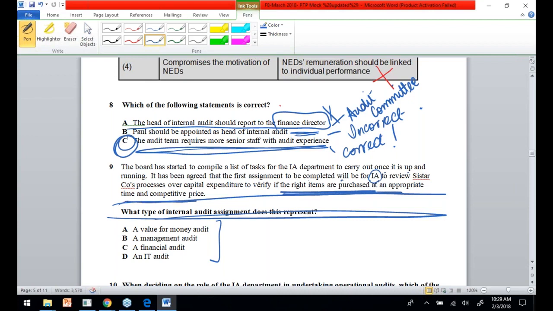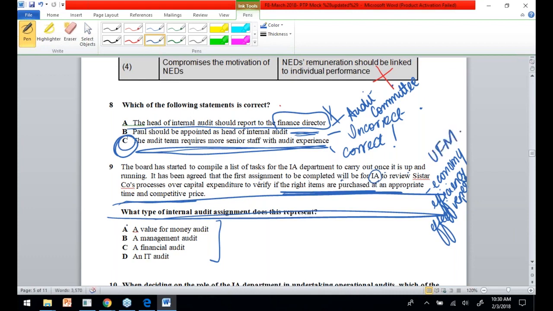This talks about economy, the competitive price, at the right time, efficiency, and the right items, which is effectiveness. You know, these are the 3 E's of value for money.